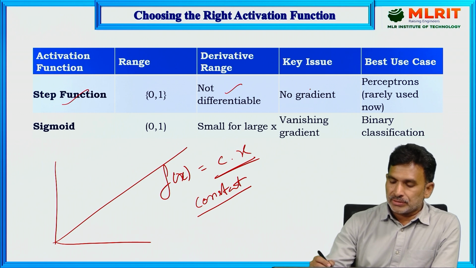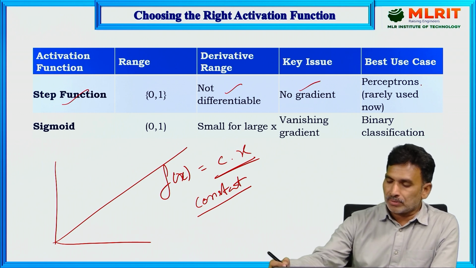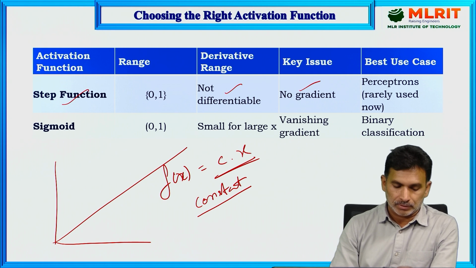The key issue is no gradient because it's constant. And the best use case, perceptrons, the perceptrons with step functions were used long back, early.